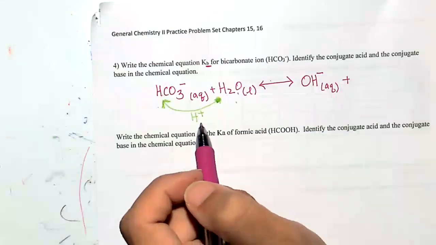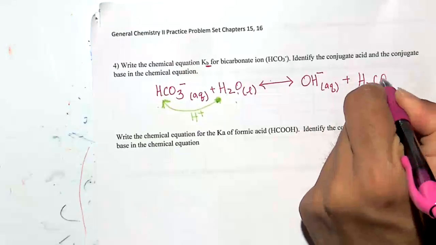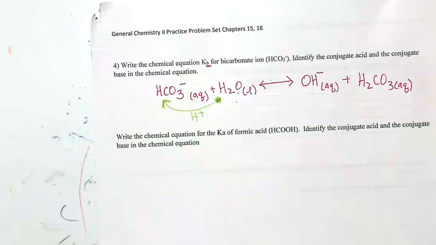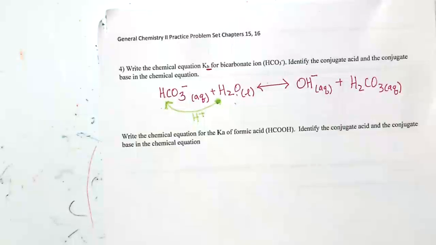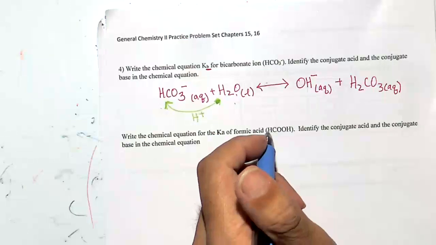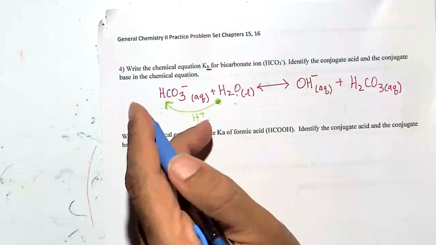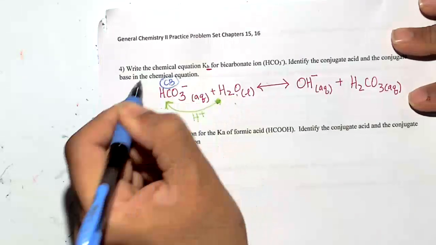You're going to get the conjugate acid for this. The conjugate acid for this is H2CO3. So this is the Kb. Don't get confused. Don't have a mental lapse like I just did. The base is going to take the proton, so we're going to call this the conjugate base.